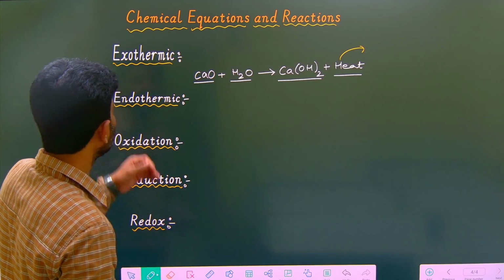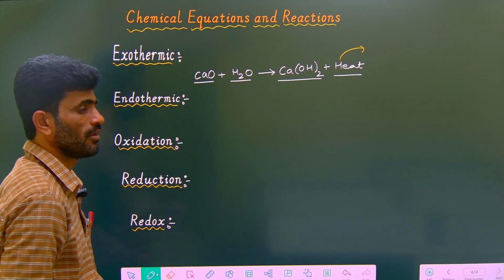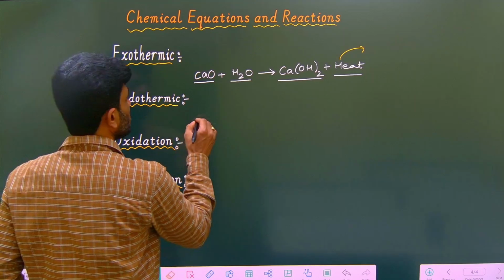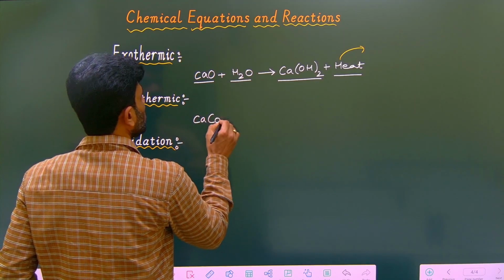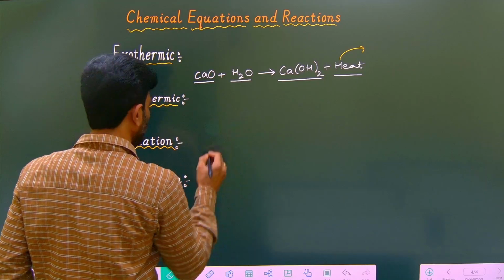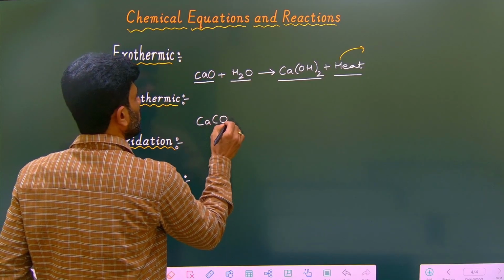Now coming to endothermic reaction, it is opposite to that. Here heat will be absorbed or utilized. For example, we have seen before, CaCO3 can be taken as an example of endothermic, because here we are using heat energy.